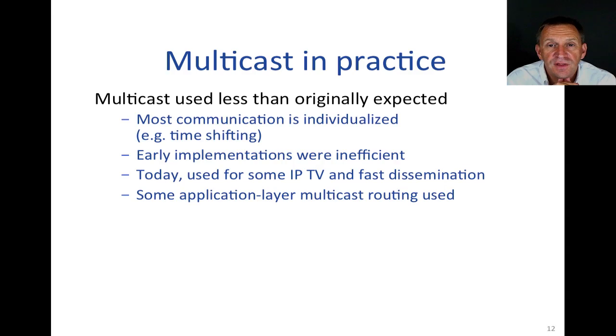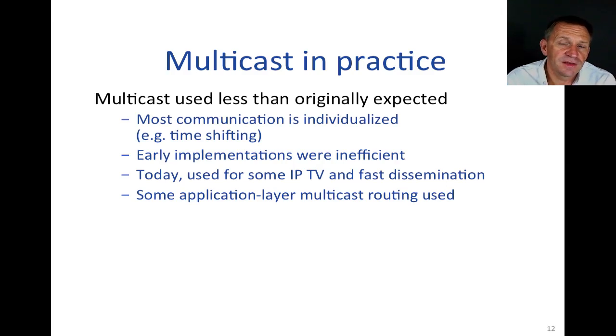And it seems that over the last 20 or so years, communication has become much more individualized. We tend to ask for content that we specifically want to watch at a specific time. There's less interest in broadcast than there used to be, except for events like sporting events, big political rallies, or a rocket launching or something like that. So this individualized time shifting that's commonplace today has really reduced the demand for multicast in the network.